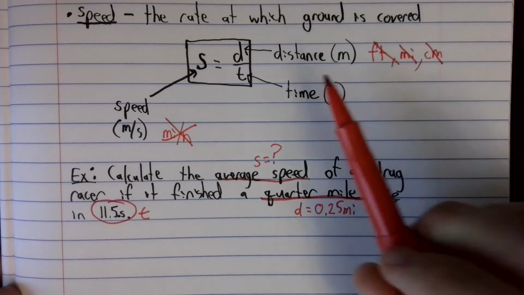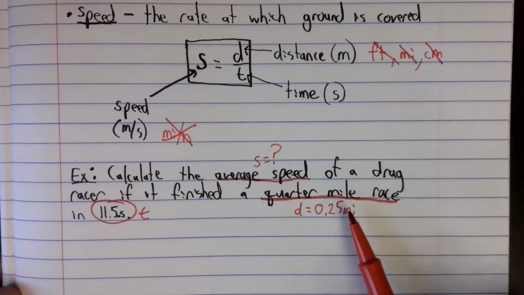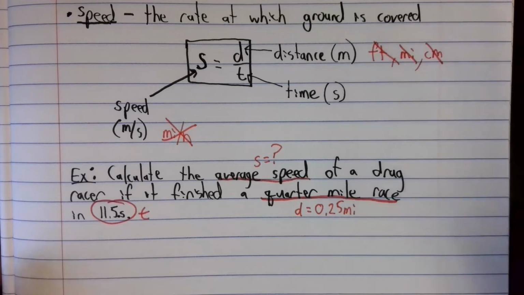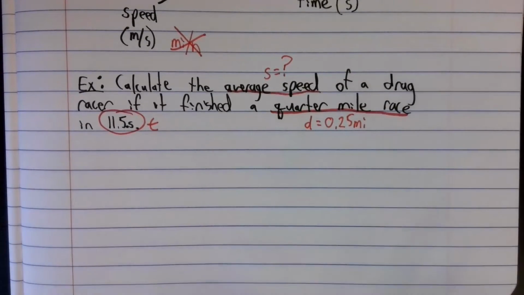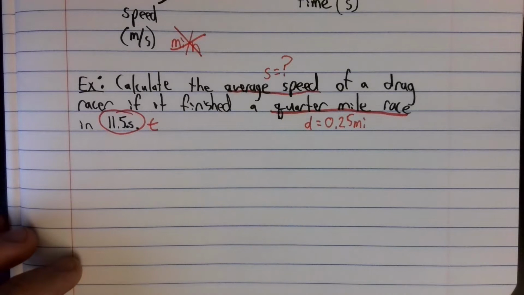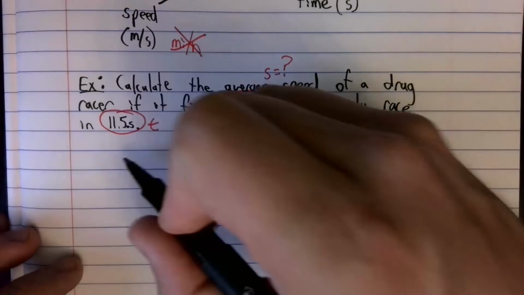Notice distance is supposed to be measured in meters, not miles. So we'll have to do a quick unit conversion. On today's quiz, you will not have to do unit conversions. I provided all the numbers with proper units. So let's convert this to meters.